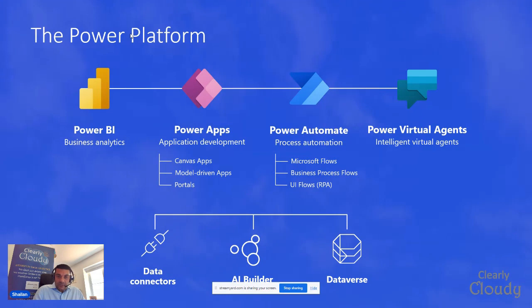The first one is Power BI. We'll start with Power BI. Power BI is Microsoft's business intelligence data analytics tool. Power BI allows you to ingest information, model information, create visuals, create reports, publish those internally and externally, and allow people to look at those visuals.